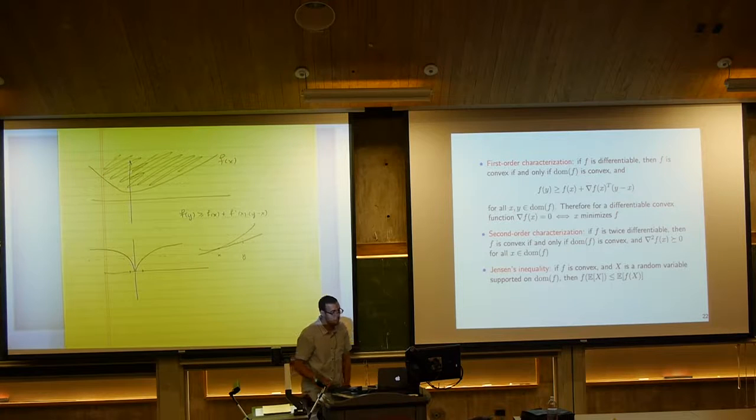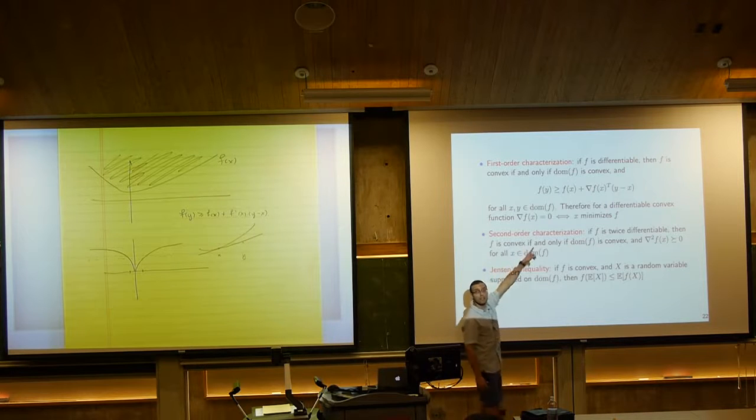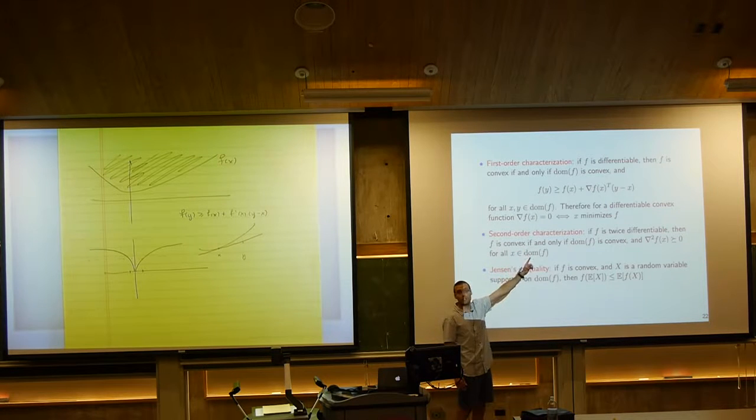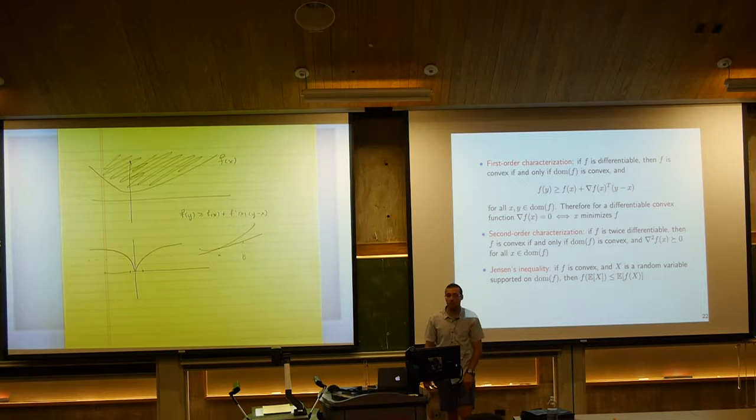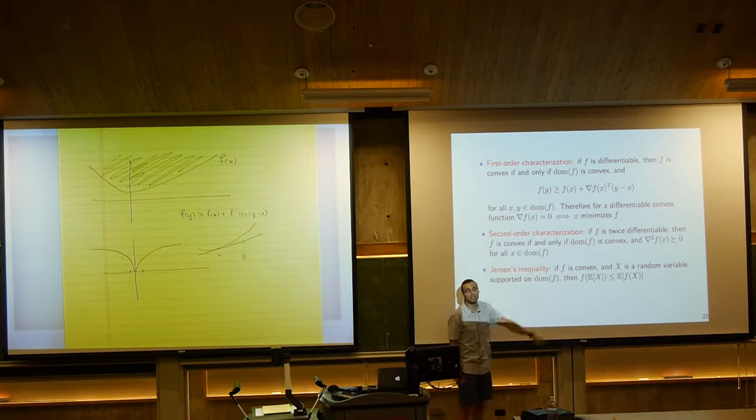And if we have strict inequality here, that's equivalent to strict convexity. If f of y is strictly larger than f of x plus the gradient of f of x transpose times y minus x for all y not equal to x, that implies strict convexity.